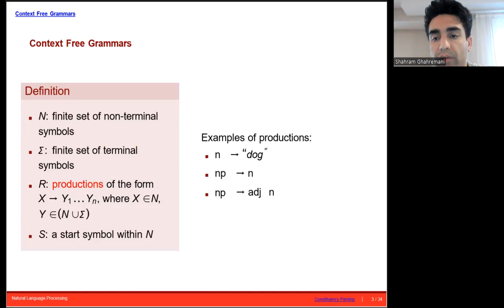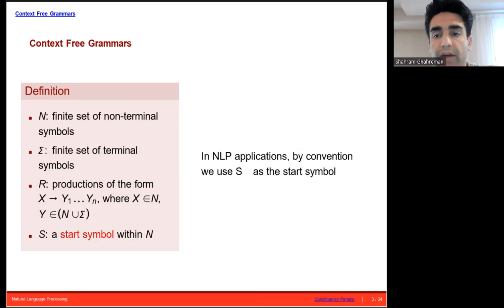So you can go from non-terminal to non-terminal, or from a non-terminal to a terminal, but you cannot go from a terminal to a non-terminal. And then finally, we have the start symbol, one of the special non-terminal symbols, which defines what makes a grammatical sentence. We will see why it is important in a second.